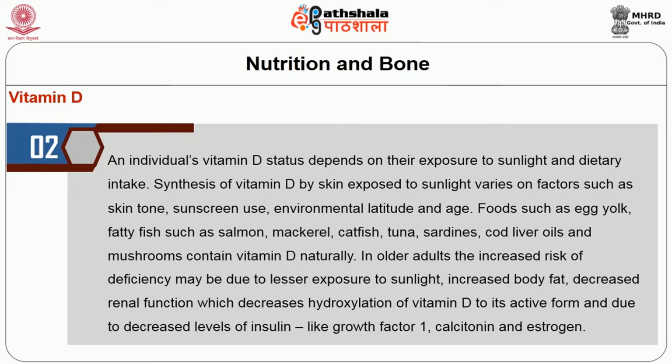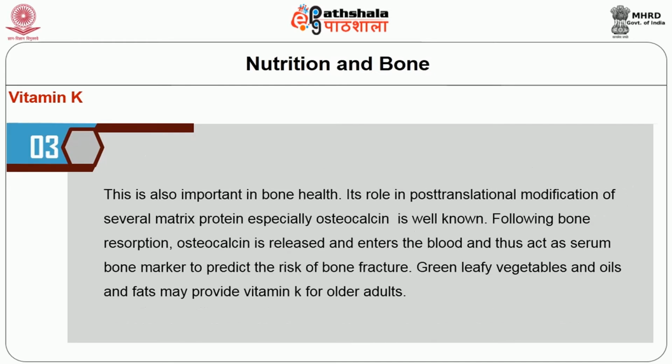In older adults there is also increased risk of deficiency, probably due to lesser exposure to sunlight, increased body fat, decreased renal function, or sometimes decreased levels of insulin-like factor 1, calcitonin and estrogen.